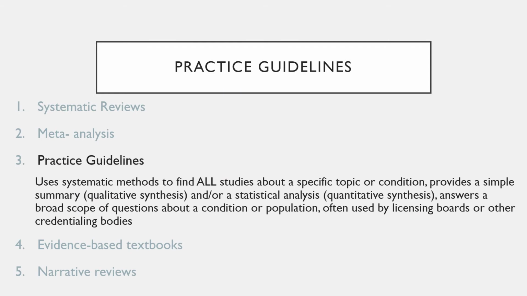So there's also something that are called practice guidelines. Now, practice guidelines use systematic methods to find all the studies about a specific topic or condition or population, provides a simple summary, qualitative synthesis, and or a statistical analysis, which is the quantitative synthesis, and it answers a broad scope of questions about a condition or population, often used by licensing boards or other credentialing bodies.